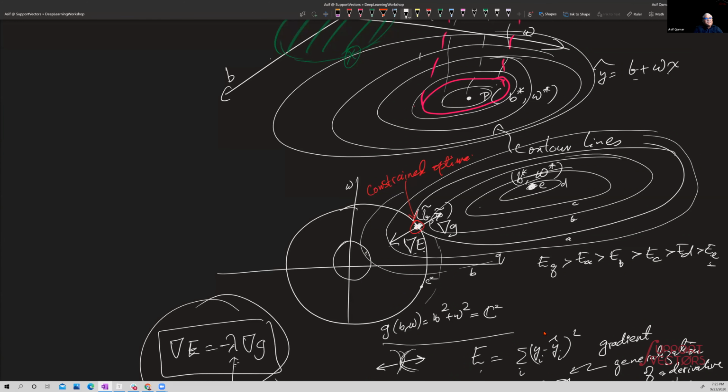Would one of you like to take a guess? How do you find the optimal value of lambda? Anyone? By trial and error. And how would you do it by trial and error?